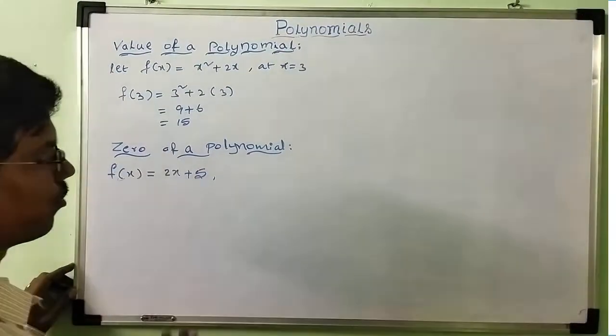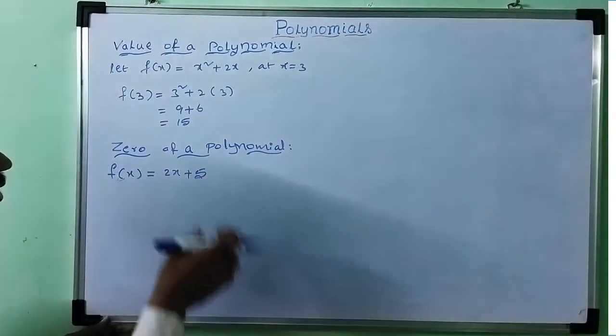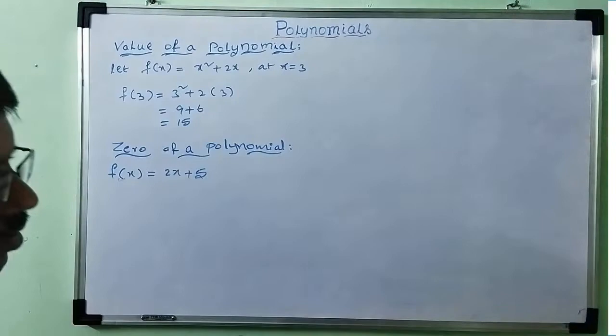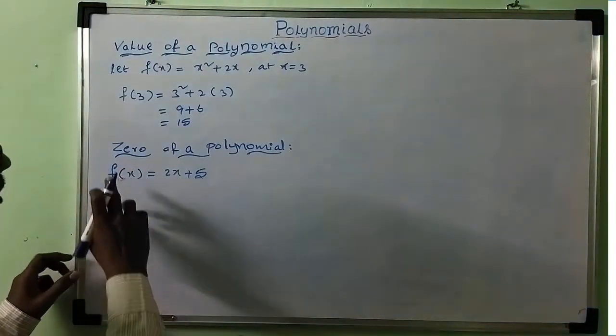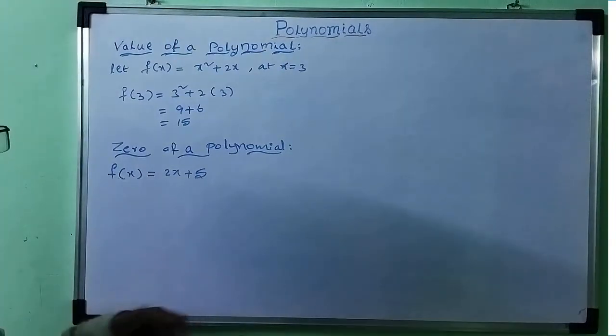Then how to find the zero of this polynomial? To find the zero of this polynomial, by substituting which value in the place of x can we get the value of the polynomial as 0? Then that value of x we are calling the zero of that polynomial.